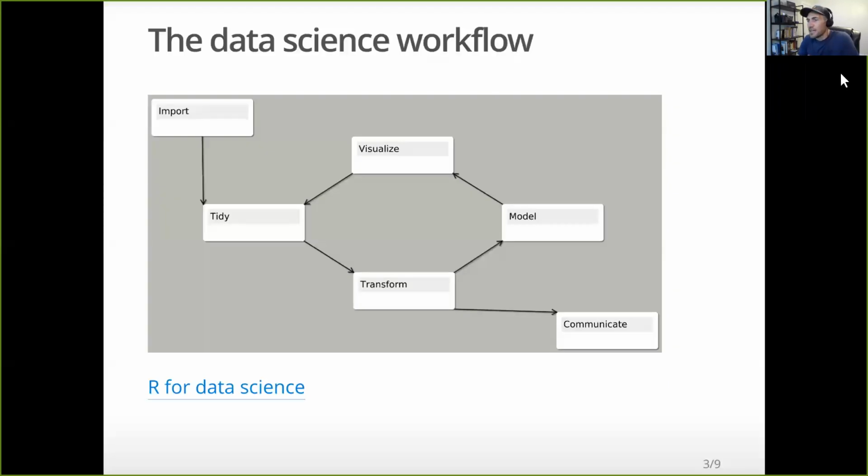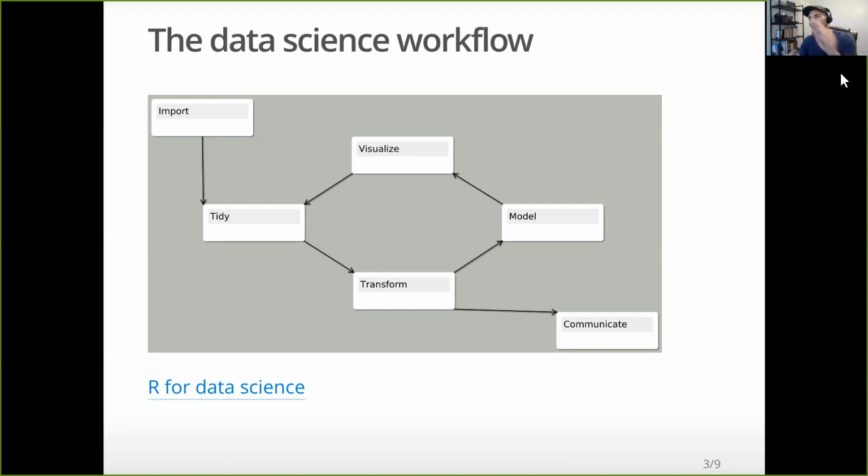So, this image, to confirm, you see here something that on the top says the data science workflow. Yes, great. This image is borrowed from the book R for Data Science and explains how a data scientist goes about doing their work. It usually involves importing data from somewhere, then doing some kind of tidying to take it to the shape that you need.